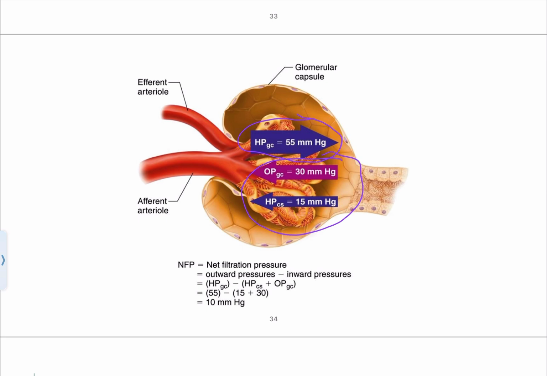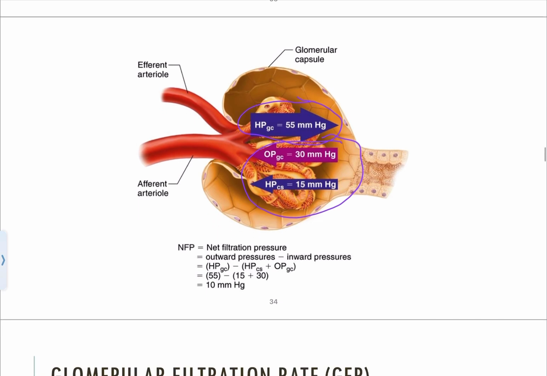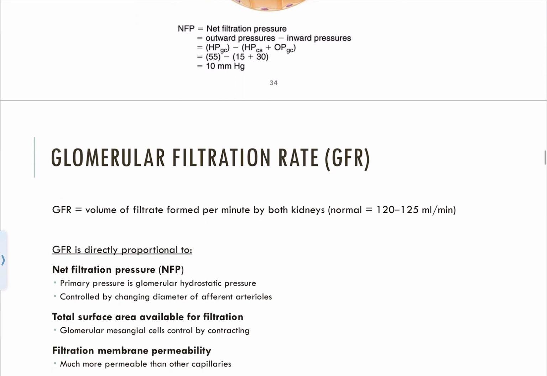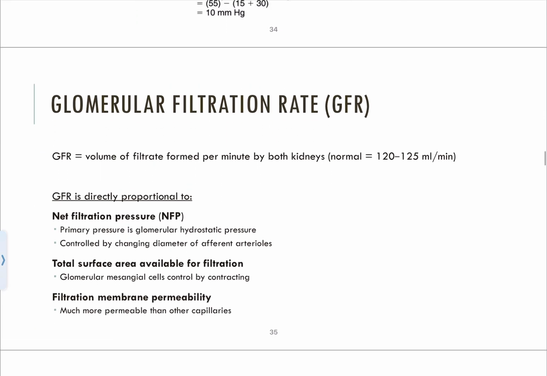And then we have our two inward pressures right here: our osmotic pressure in the glomerular capillaries, which is basically the proteins in our capillaries sucking the water back in, and our hydrostatic pressure in the capsular space as our other inward force, which is the pressure from the fluid in the glomerular capsule pushing back on the fluid in our capillaries. Regardless, we should always have a net outward force in order to properly form the filtrate.